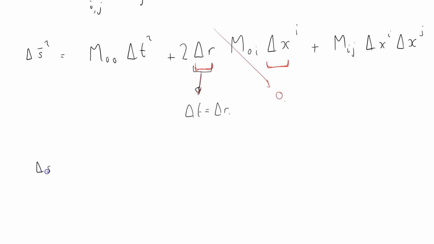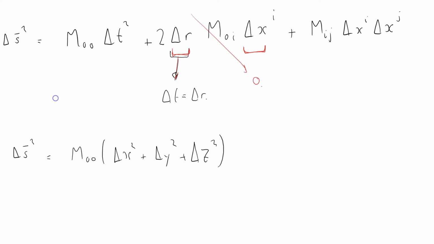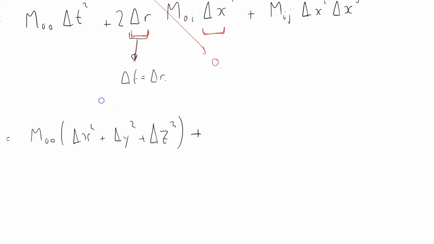I've got delta s bar squared equals m0,0, and I'm going to substitute for delta t squared. That's going to be delta x squared plus delta y squared plus delta z squared, plus that zero term there, which I'm not even going to write down, plus mij delta xi delta xj.